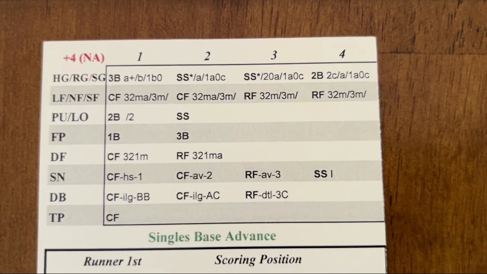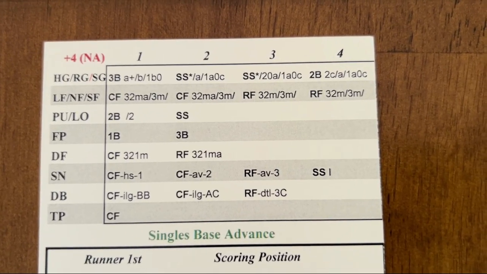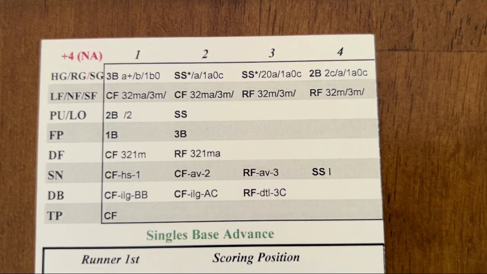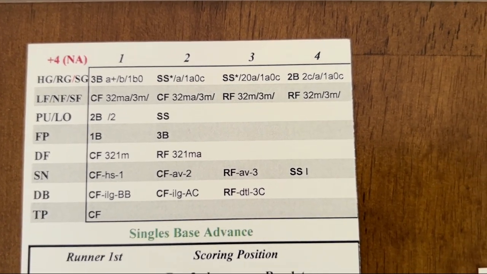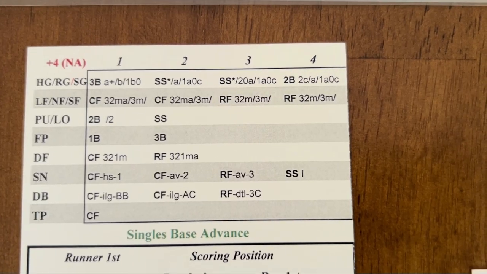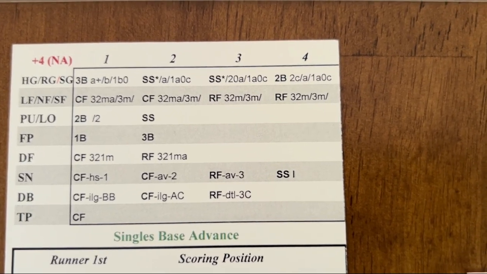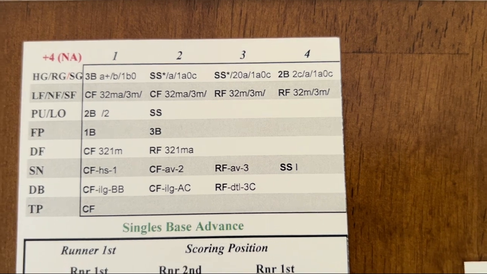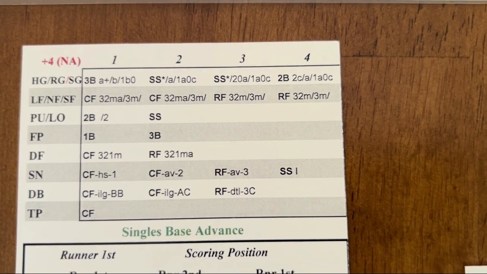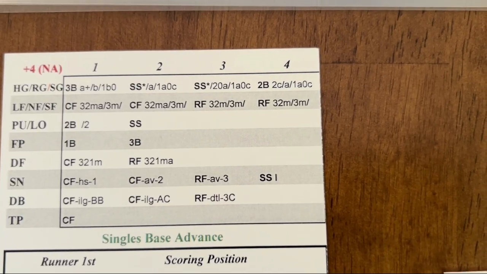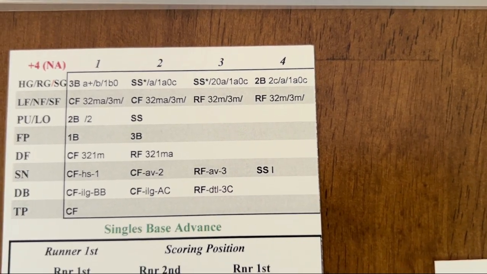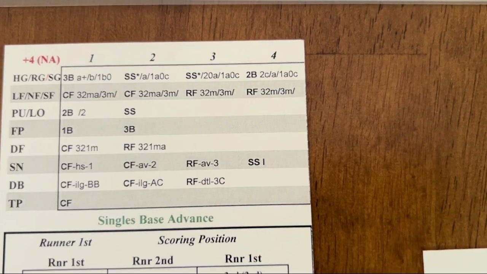Okay, you have 2 capital letters next, A and C. So in the doubles base advance, the first of the 2 letters refers to a situation where there is a runner on first base and only a runner on first base. Obviously, anybody second or third will score on the double, but what we want to know is, does the runner on first score?